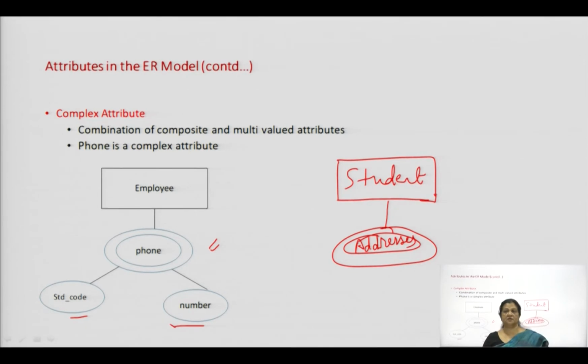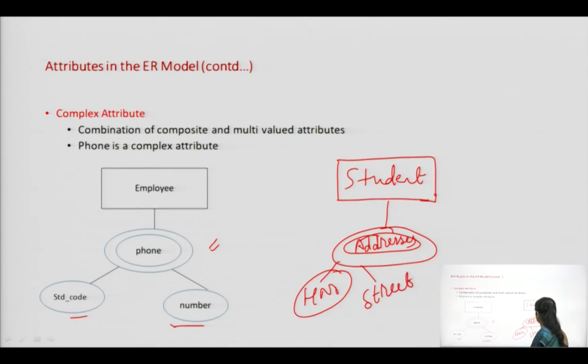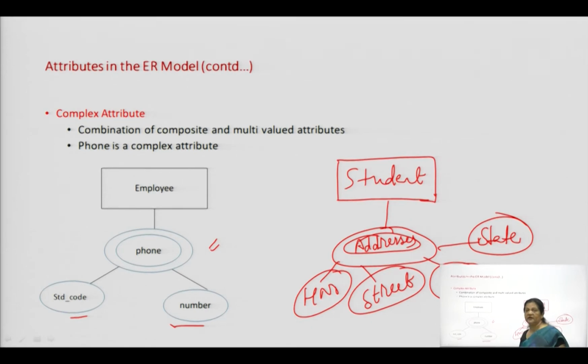Let us say the student has a permanent address and a correspondence address, and each of the address will have a house number, a street, a city and a state. So, we have the composite attribute address, and it is also a multi-valued attribute because a student can have more than one address.